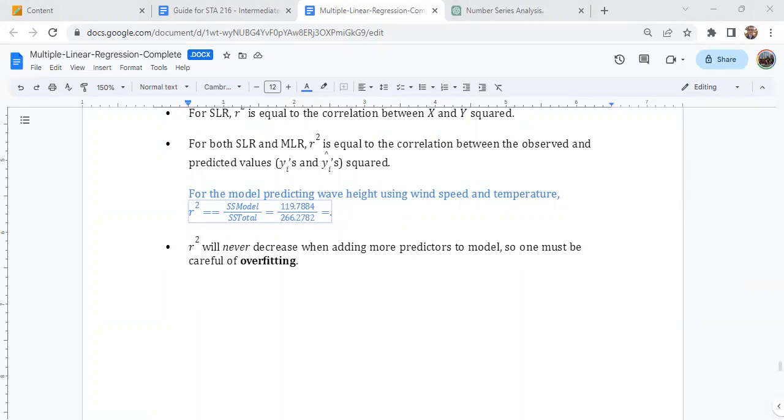And if you round to 3 decimal places, you should get that. And so how could we interpret that here?